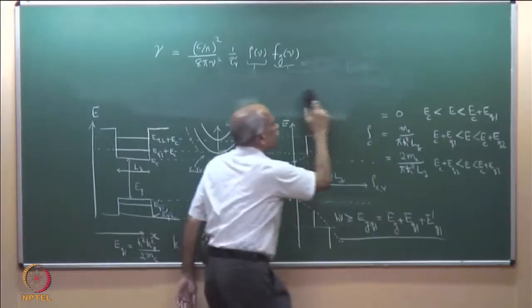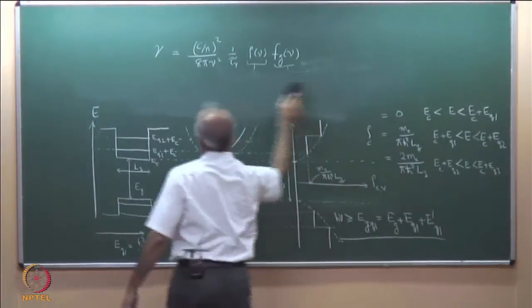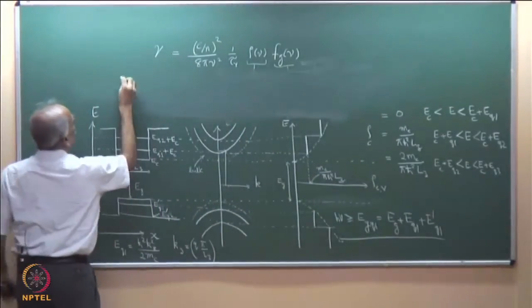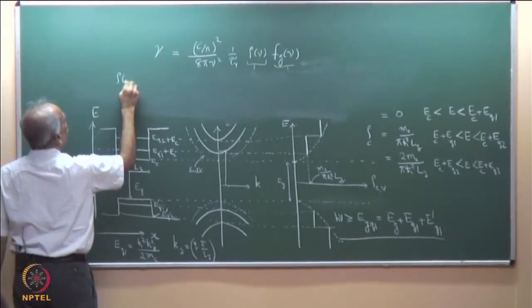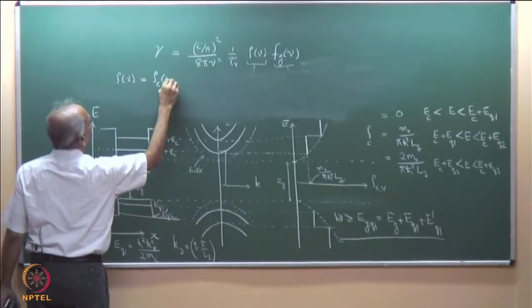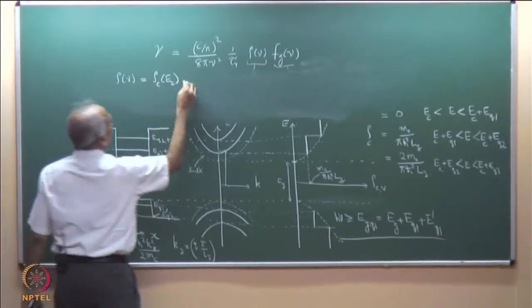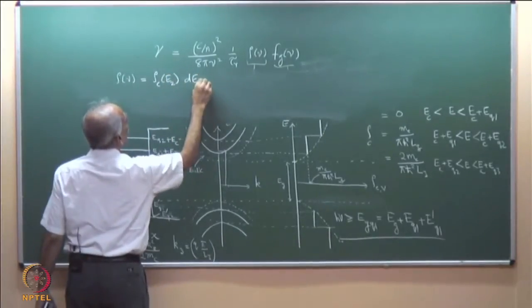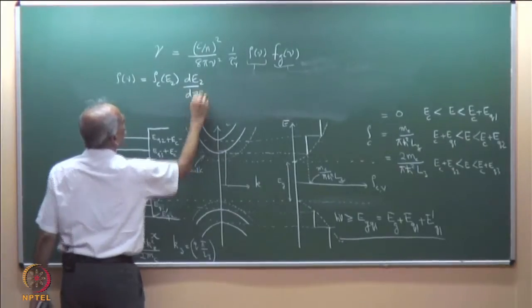The optical joint density of states can be found exactly like what we had done earlier. If you recall, we had written rho nu d nu equal to rho c of E2 into dE2, therefore rho nu is equal to rho c of E2 into dE2 by d nu.